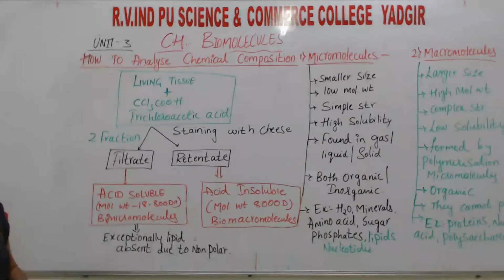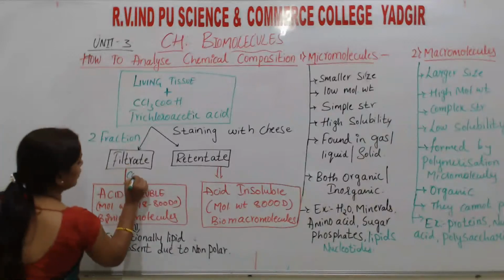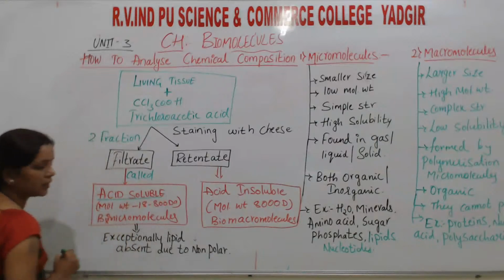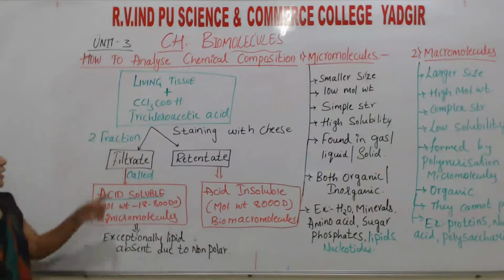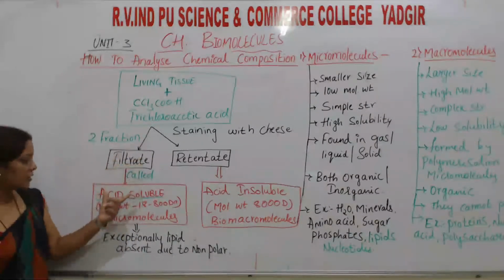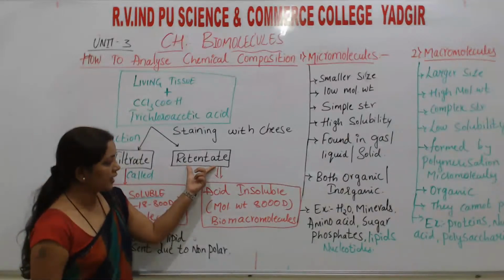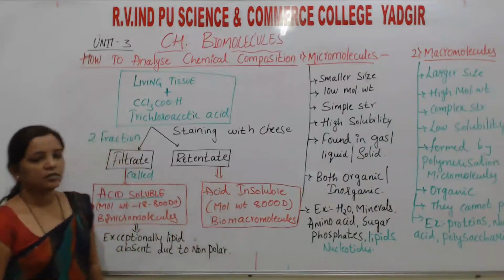The filtrate is called acid soluble. The filtrate what we are getting, that filtrate is called acid soluble. The retentate fraction what we are getting, that is called acid insoluble.